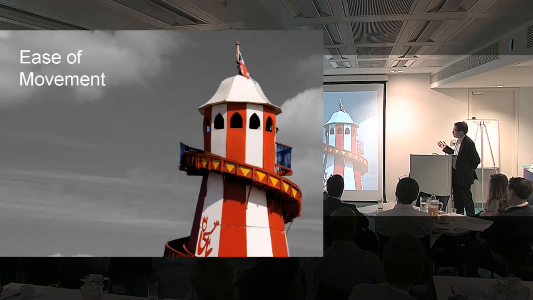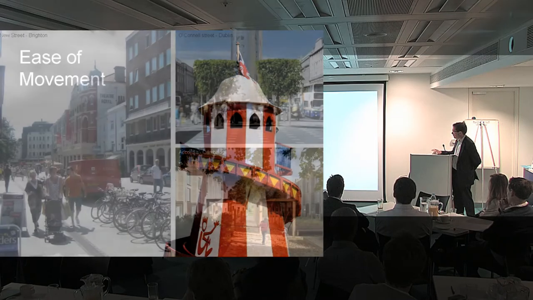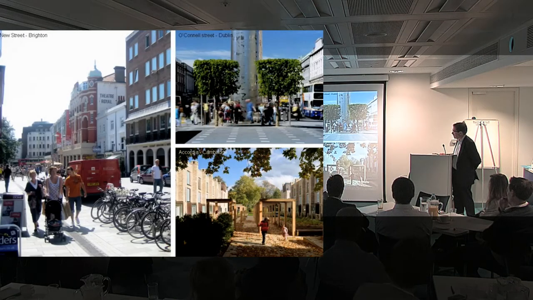Ease of movement for pedestrians happens at different scales. It happens at a macro level and it happens at a micro level. If we think about things that block pedestrian movement at a big scale, a lot of them are to do, and this is an example of how things are interconnected, a lot of them are to do with monocultural uses, such as, for example, very large shopping centres.